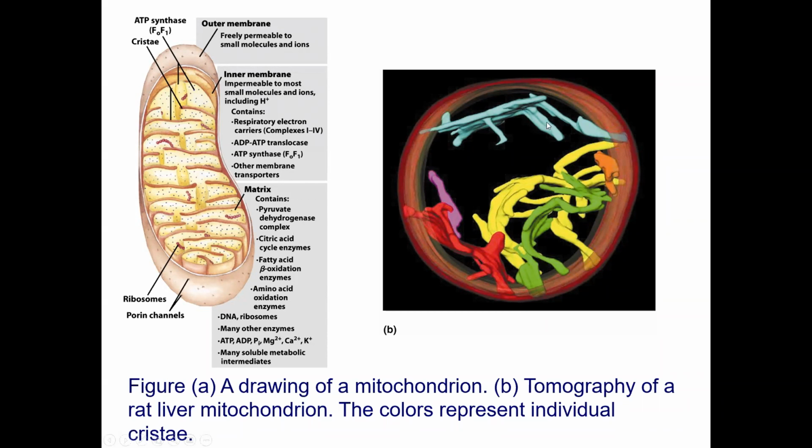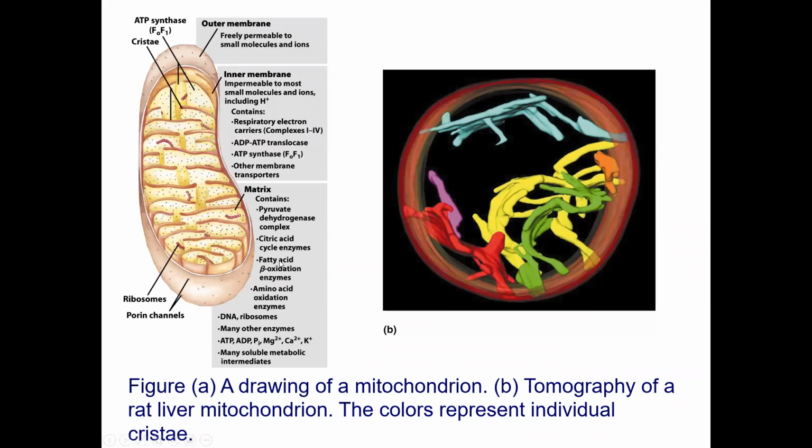If you look here on the right-hand side, the cristae are shown in different colors. This is actually a real computer-generated image of the mitochondrial matrix. The mitochondrial matrix is all that dark space that you are seeing, all right? So anyway, the matrix itself contains the pyruvate dehydrogenase complex, right?